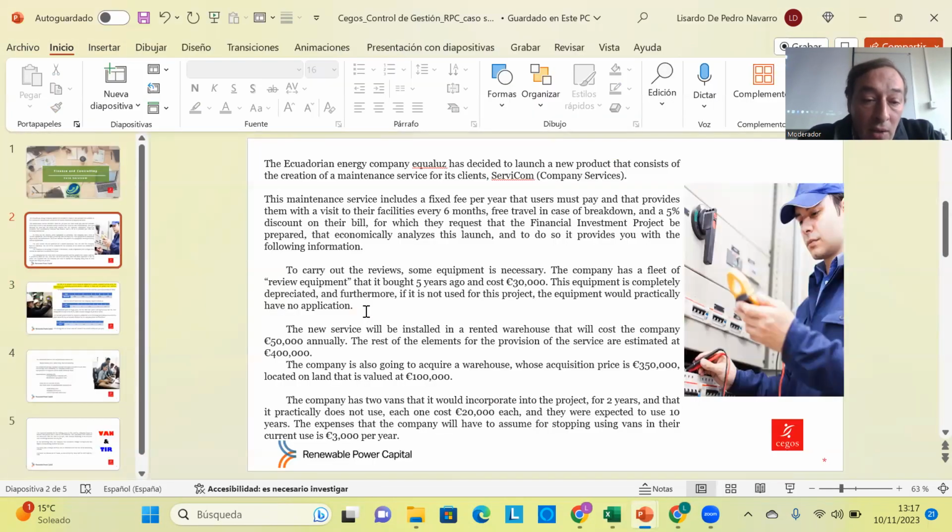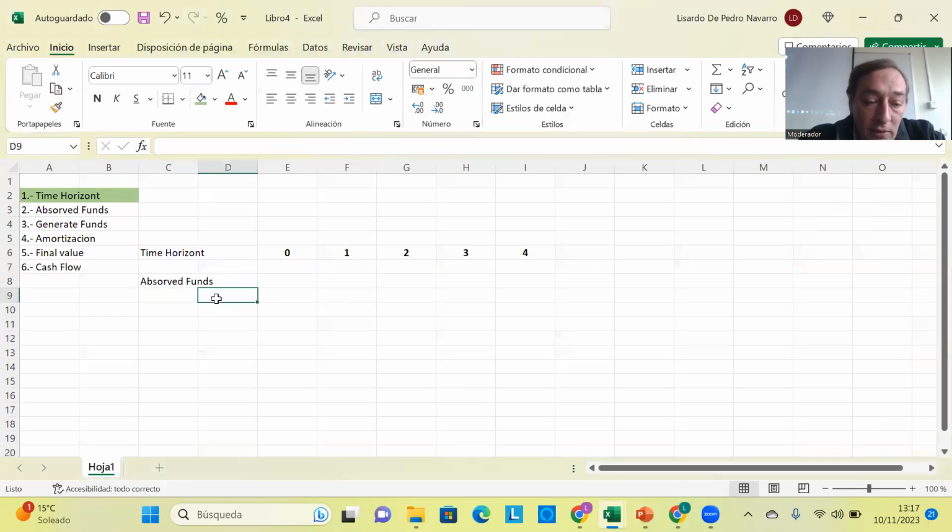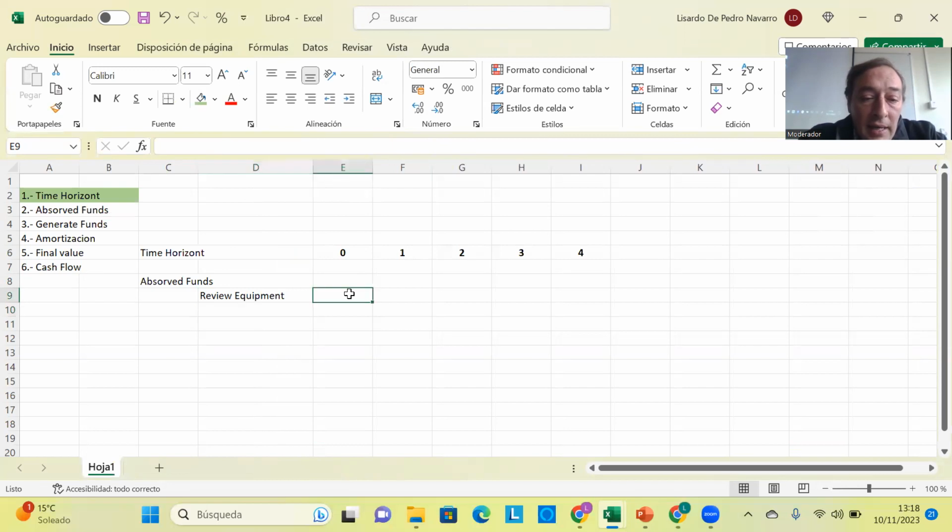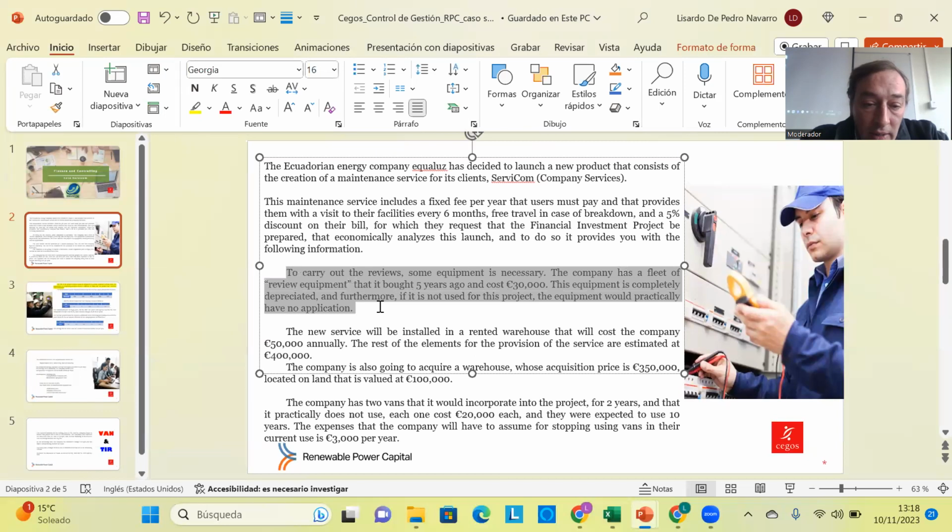So we are going to include in the project the review equipment, but the value that we are going to put in this equipment is going to be 0, because as we mentioned, this is a sunk cost, completely amortized, and it would not have any kind of use if we don't put it in this one. So we use this one, so we're going to put that in.